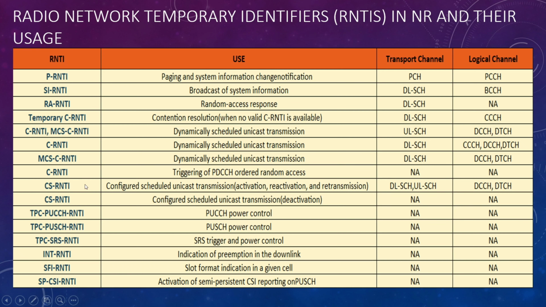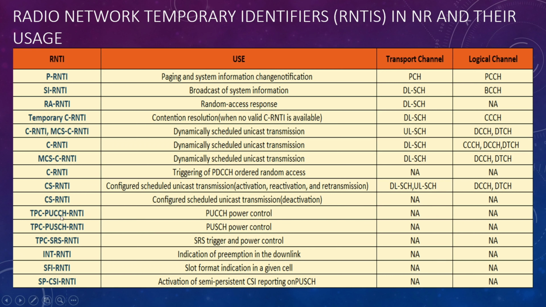Likewise, if you go for CS-RNTI, this is used for configured scheduled unicast transmission like activation, reactivation, retransmission, and this is basically done on the transport channels, downlink shared channel and uplink shared channel. And the logical channels that we are using are DCCH and DTCH. Again, this CS-RNTI is also used for configured scheduled unicast transmission, that is deactivation. No channel required for this.